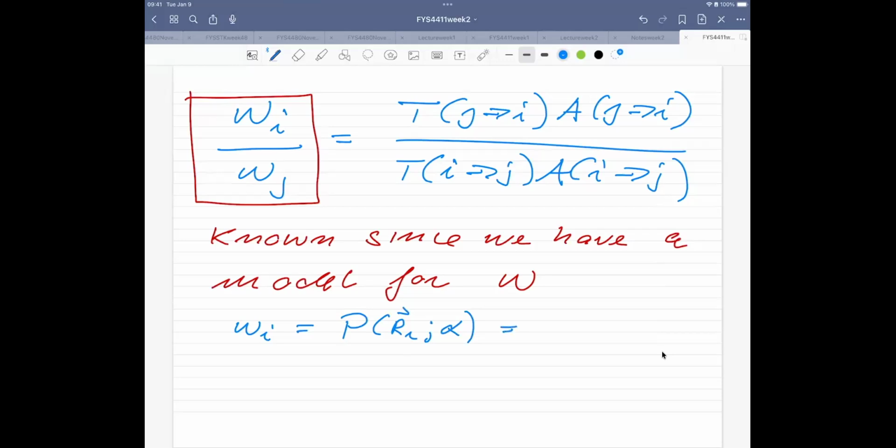And that is the quantum mechanical trial function squared, of R_i and alpha, and alpha is in principle a vector because we have many parameters, divided by the normalization factor.